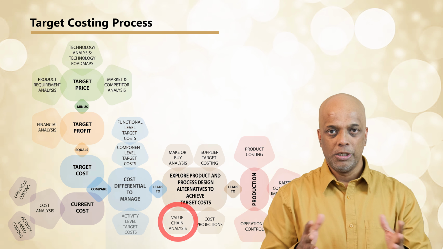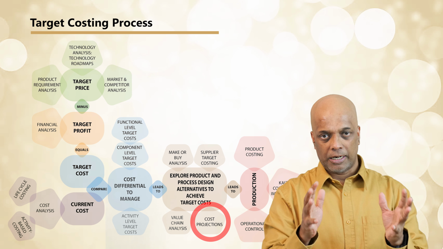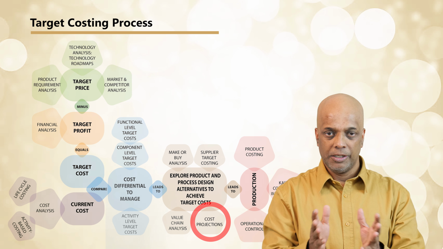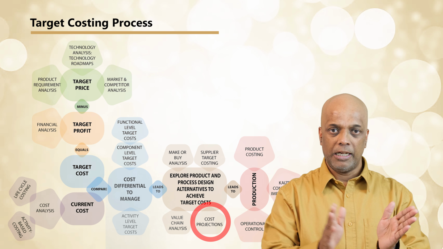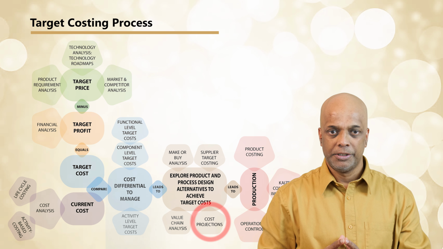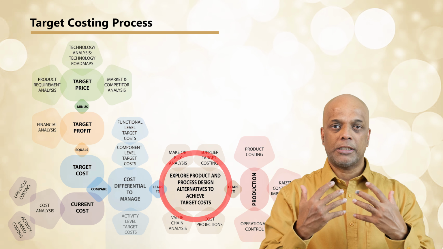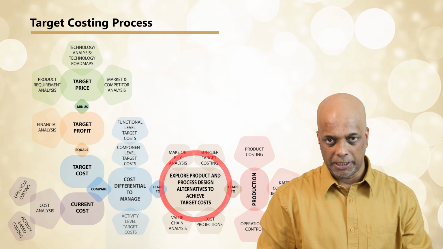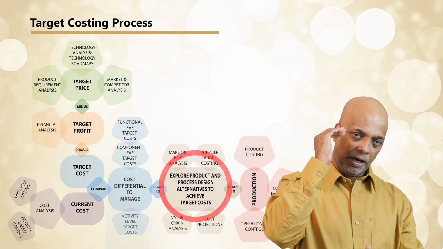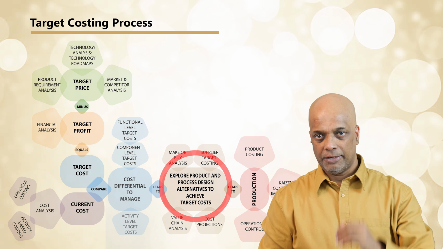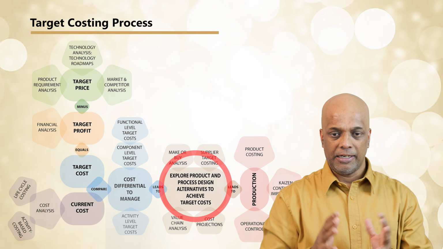And also, you have to analyze the cost projections. Given the current market conditions, what would be the cost projections for raw material and other things? So that is exploring product and process redesign possibilities in order to achieve your target cost at the functional level, at product level, at component level, as well as at activity level.